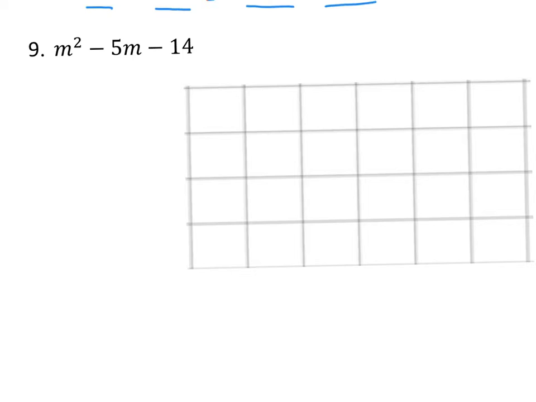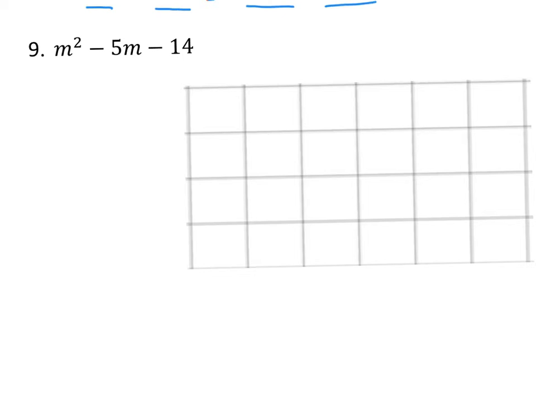And from there, we're going to go back to, guess what? A greatest common factor. We're going to look at just the first row and say what is the greatest common factor between m squared and 7m. And of course, that's m.